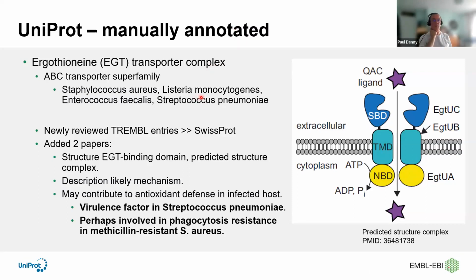Likewise, mammals can't synthesize it either, so we get it from our diet. So this is a novel ABC transporter, and the reason it may play a role in AMR is that it is shown to be a virulence factor in Streptococcus pneumoniae, and it may also be involved in resistance against phagocytosis in MRSA.